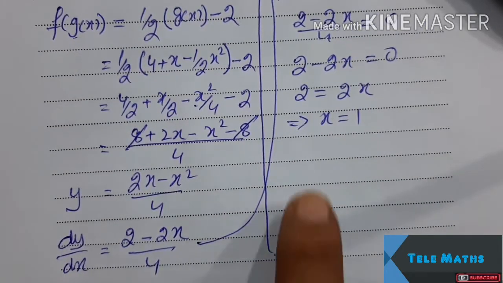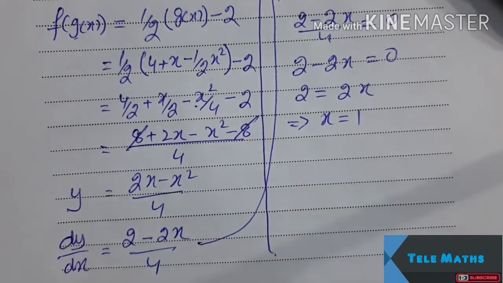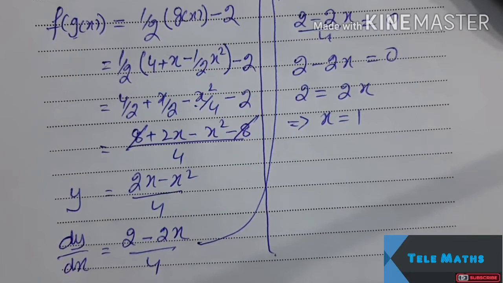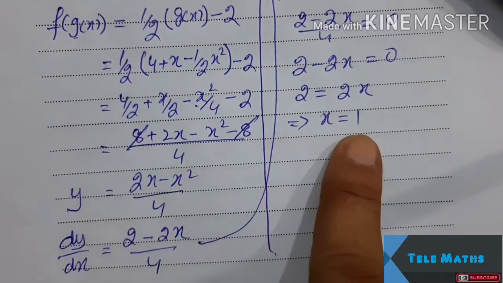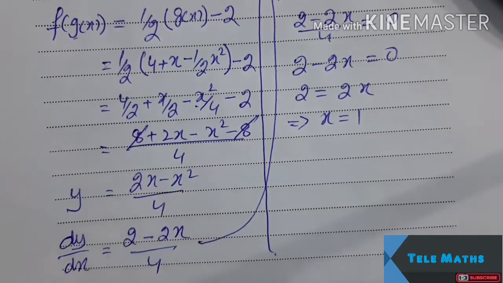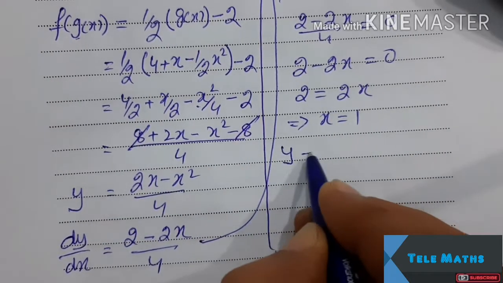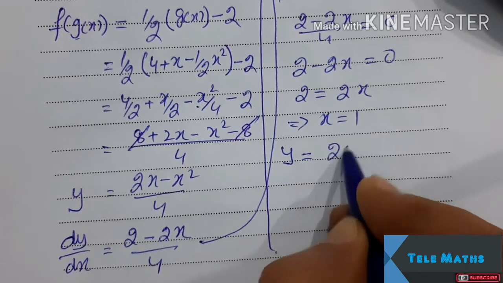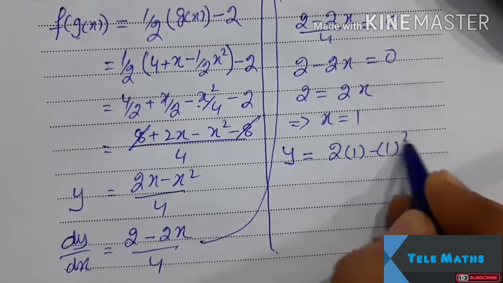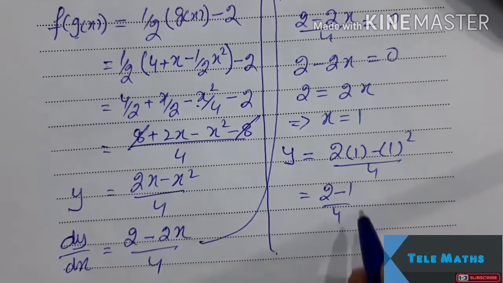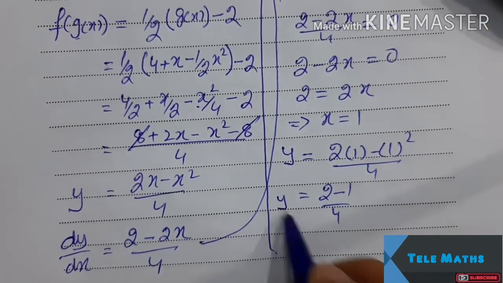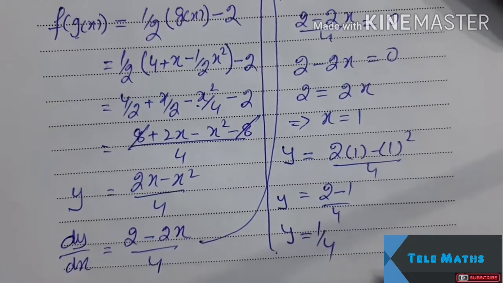It means the stationary point's x coordinate is 1. So I need the y value as well. So I'll put x here. So y is equal to 2 into 1 minus 1 square over 4. This will be 2 minus 1 over 4. That is, y is 1 over 4.